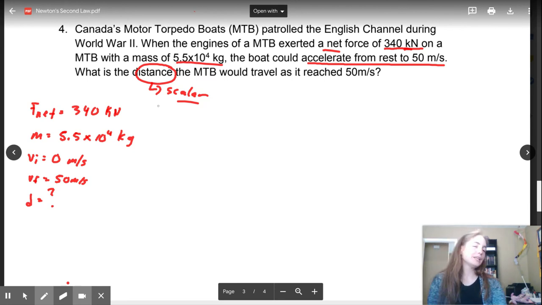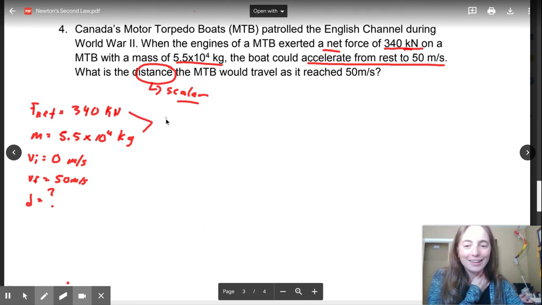So, ladies and gentlemen, we have an object that is accelerating. We know this because it's going from VI to VF, and we know that we have a net force being applied. So what we've got is F net and M. When we have these two, what can I calculate?